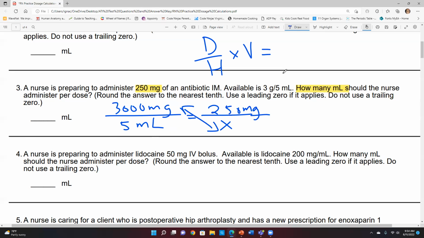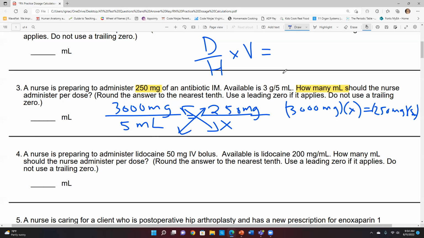We will cross multiply. That's what this X arrow means. We have 3,000 milligrams times X, which equals 250 milligrams times 5 ml.